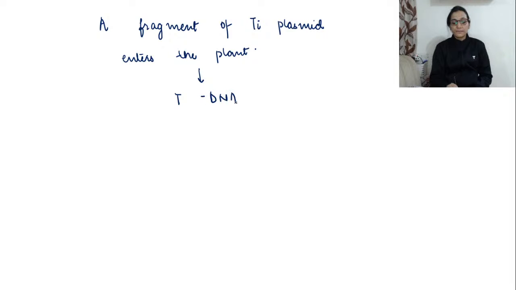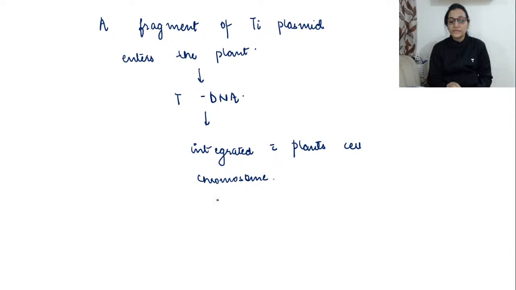This segment of the Ti plasmid is called T-DNA. This T-DNA gets integrated with the plant cell chromosome, that is, into the host genome. Thus, crown gall disease is a naturally evolved genetic engineering process. It's a natural process, right?